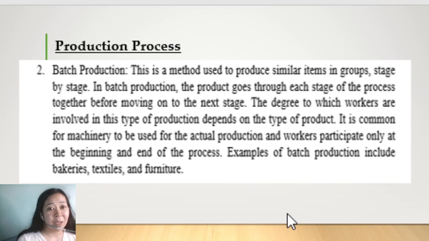It is common for machinery to be used for actual production, and workers participate only at the beginning and the end of the process. Examples of products under batch production include bakeries, textiles, and furniture. These are because batch production is producing a large amount of output of the same product.